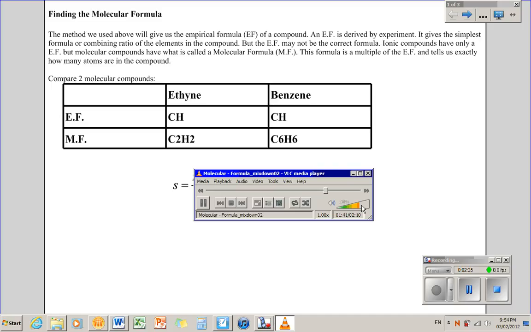Molecular formula shows the number of atoms. Now you've got the molecular formula and the atoms.